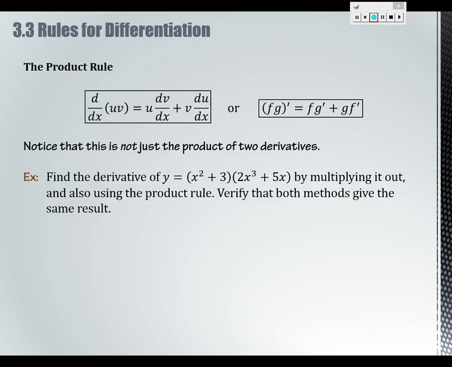Go ahead and take a minute to do that. I assume that you know how to multiply it out and take the derivative. So at least do that. If you need some help with the product rule, that would be understandable, because we've never done it before. Did it work?